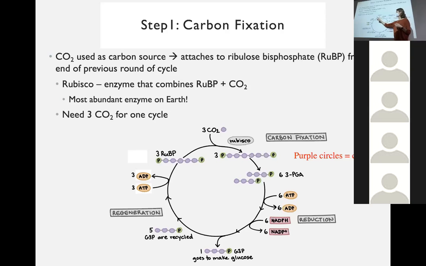Those will attach to or bind to this thing called RuBP. You don't need to know the actual name, but I put it here, ribulose bisphosphate. If you just know RuBP, that's fine. So CO2 plus RuBP, 3 of each, right? So 3 molecules of each of those are going to bind together and produce a 6 carbon molecule.